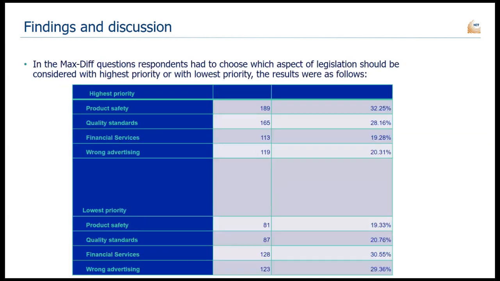Also, we used a max diff questionnaire to clarify more about the topics. And this is an example of the findings of our study.